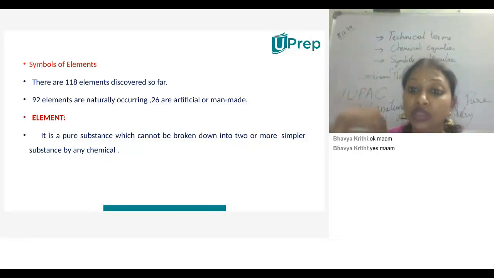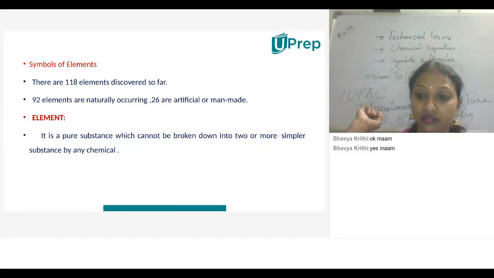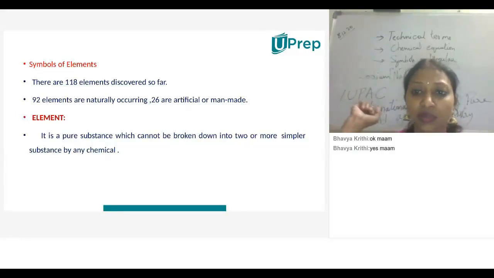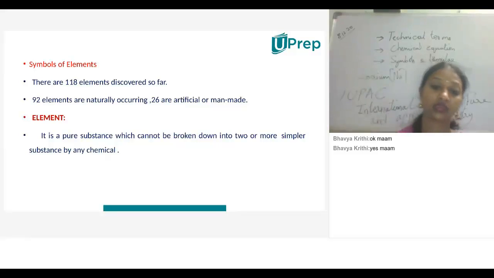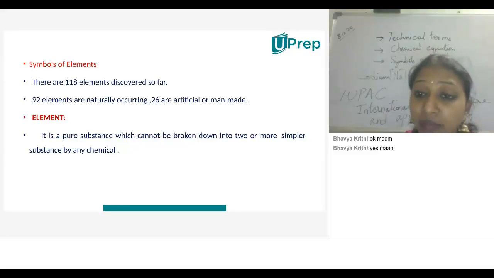Radioactive elements are very pure, which is why they are used in nuclear activities. Until and unless the element is pure, it won't react in forming compounds. Understood? So all 118 elements are very pure, whether they are obtained naturally or prepared by man, whether called artificial or whatever.